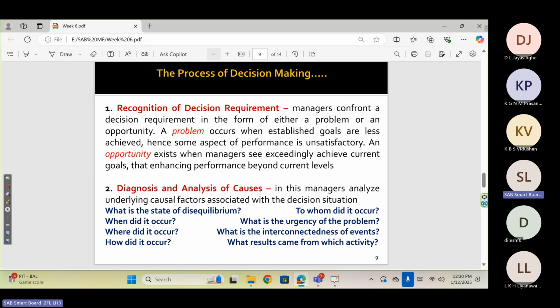But after that, it should be diagnosed with root cause analysis.